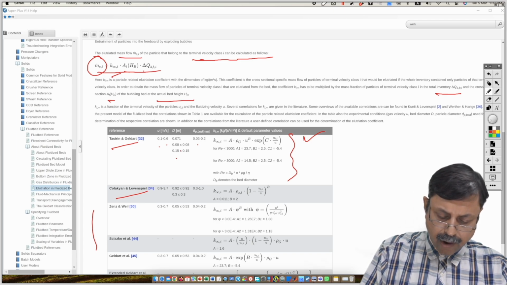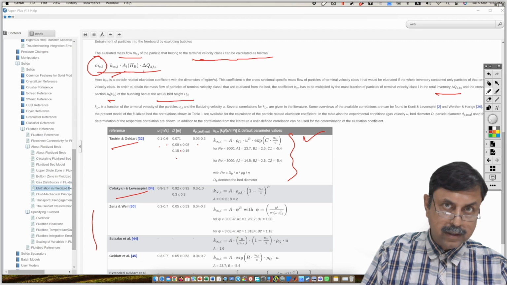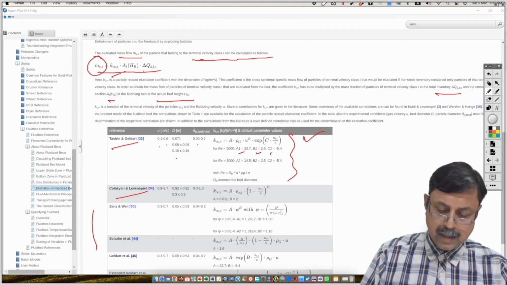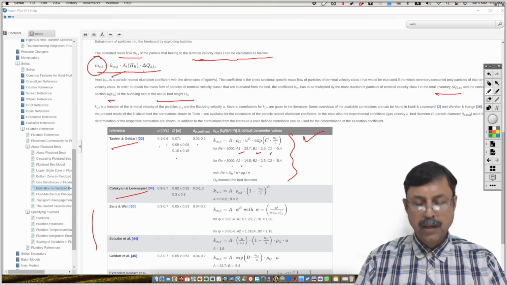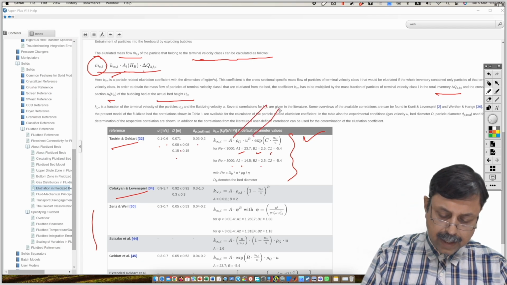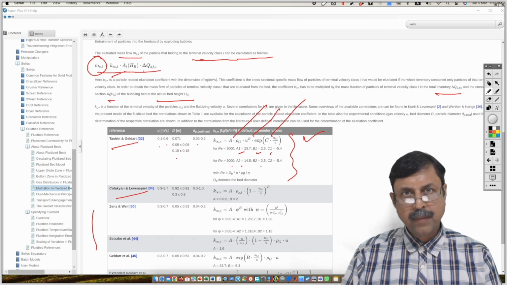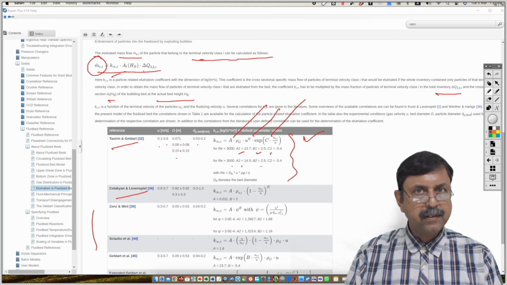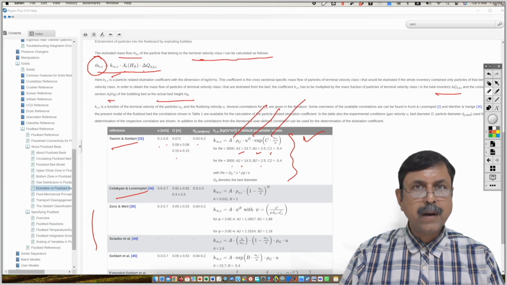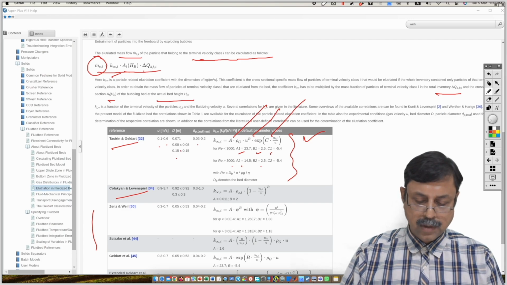And for Reynolds number less than 3000, you have to use A1, B1, C1. And for Reynolds number above 3000, it should be A2, B2, C2. You remember a couple of minutes back we were talking about A1, A2, B1, B2, C1, C2, and we had only 3 factors A, B, C. So what are A1 and A2?